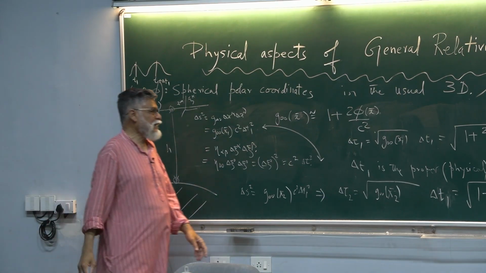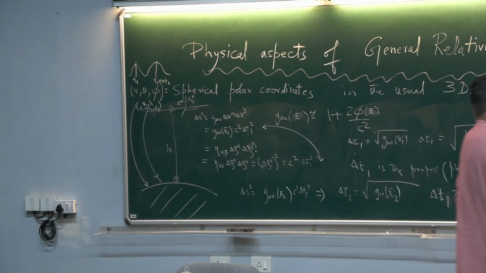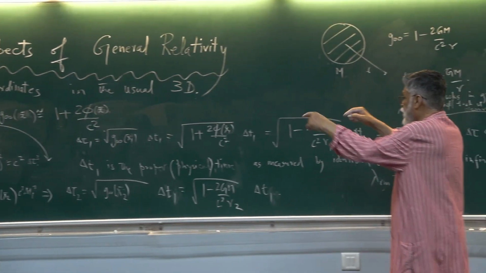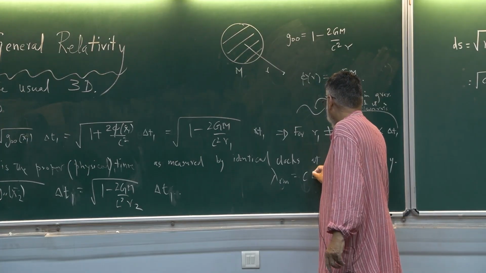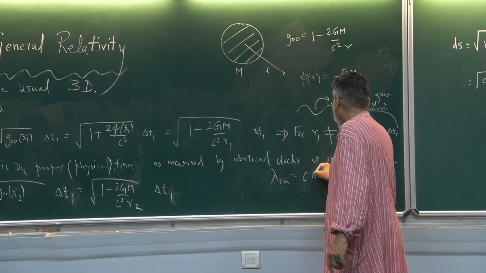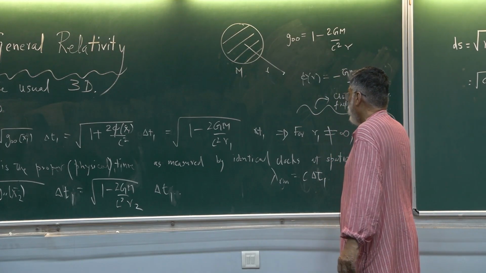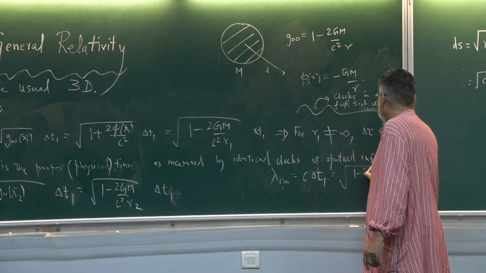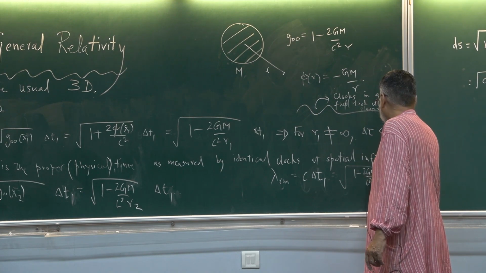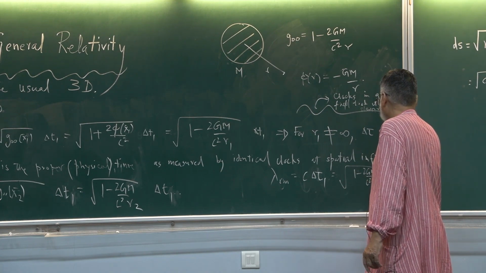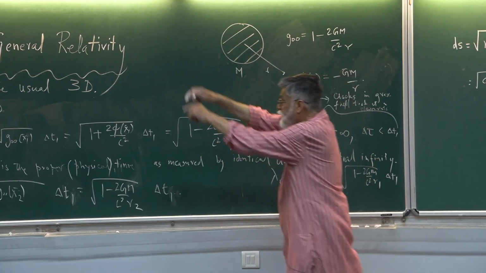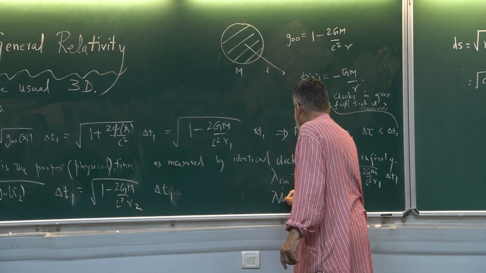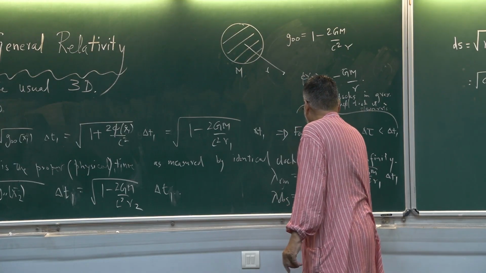So the emitted wavelength is c into delta T1, not proper time, times square root of 1 minus 2GM by c square r1. While the observed wavelength, when it comes here, lambda observed, is c into delta tau 2.